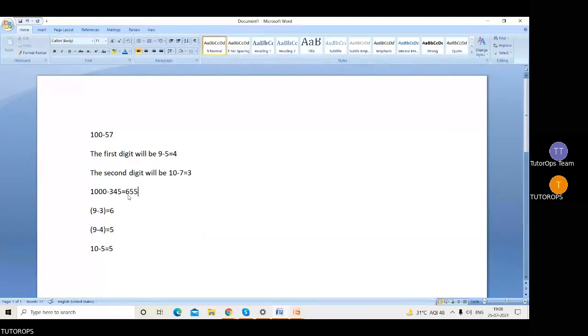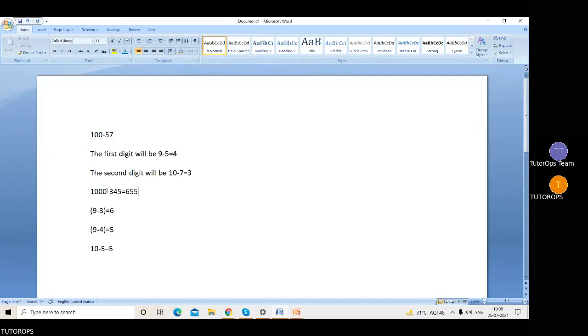Now, in this method, there are some advantages as well as some disadvantages. The advantage of the method is, we don't need to check what we are subtracting from. If we are subtracting from 1000 or from 100, we don't need to do anything with 100 and 1000.